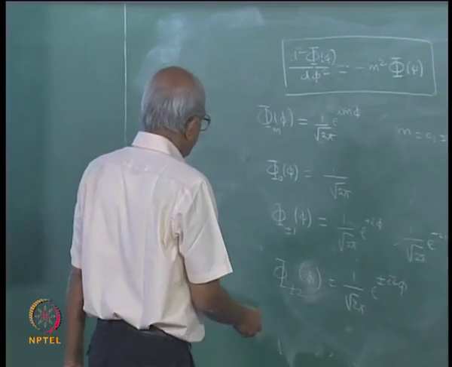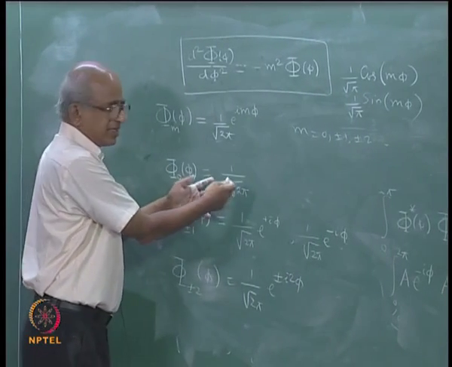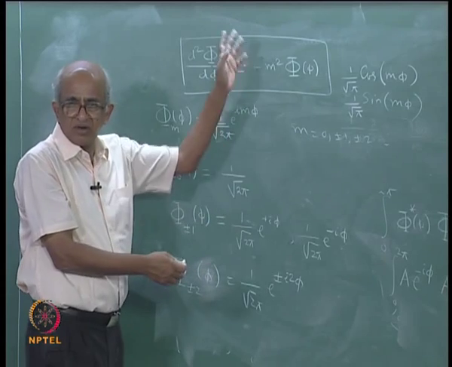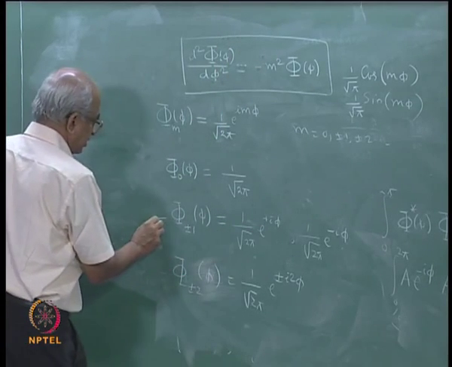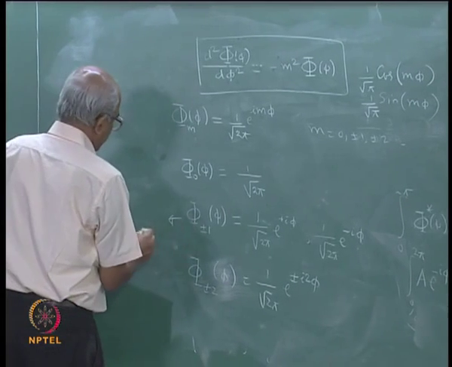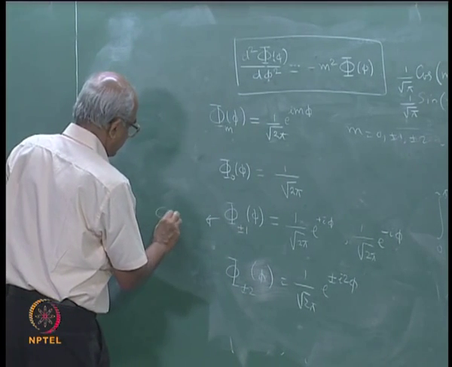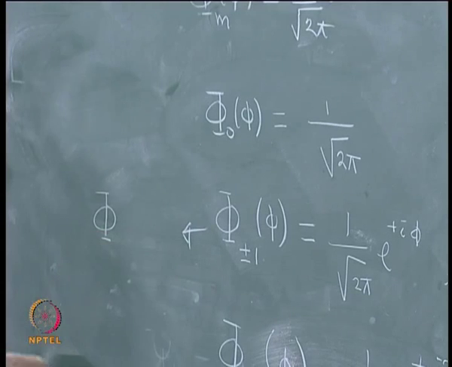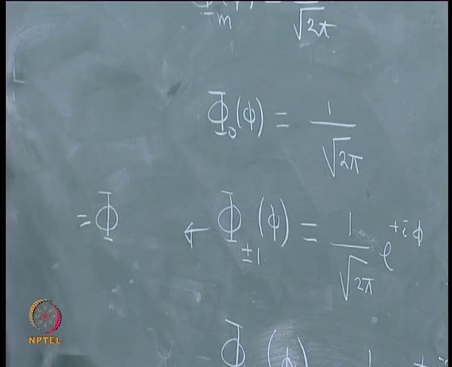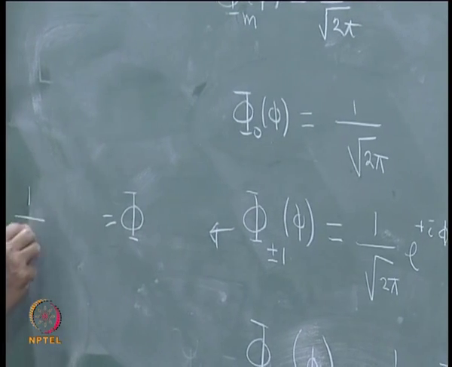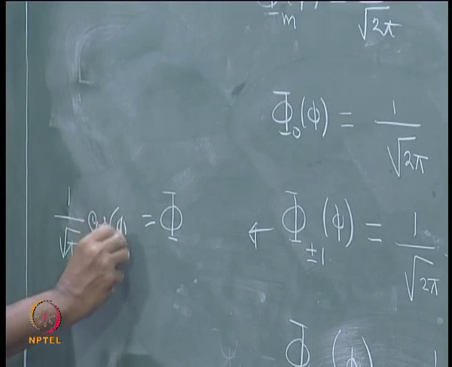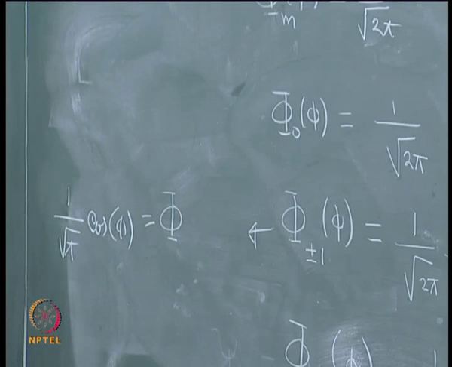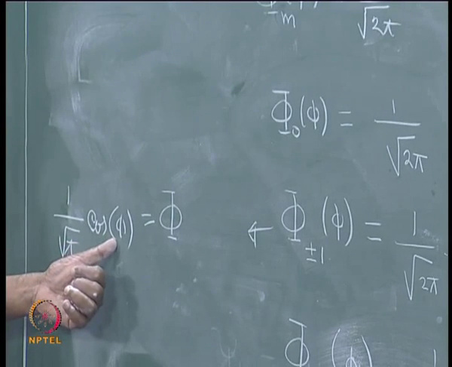So, as far as this function is concerned, it does not really matter. But as far as these are concerned, I can say I will have a solution which I will write as phi is equal to 1 by square root of pi cos phi is a solution. Here the value of m is 1.